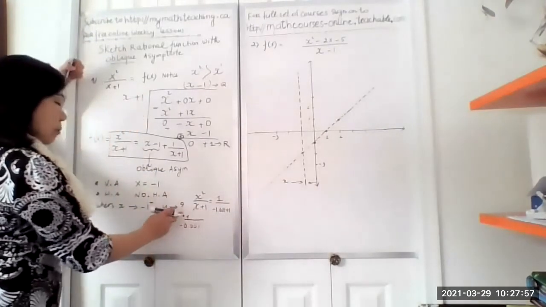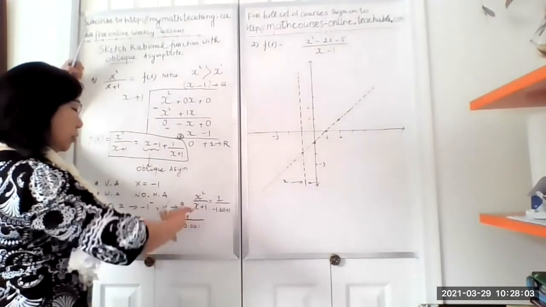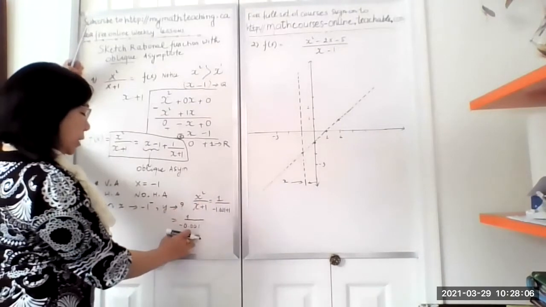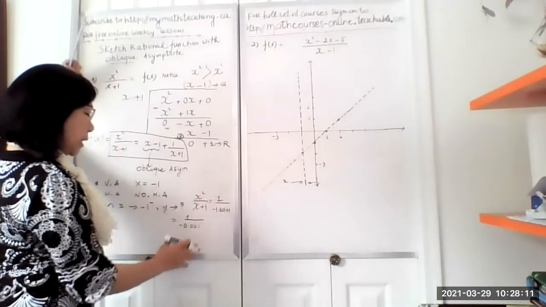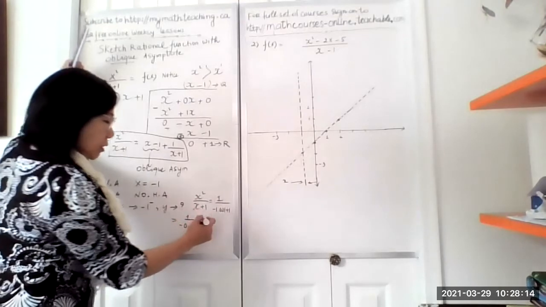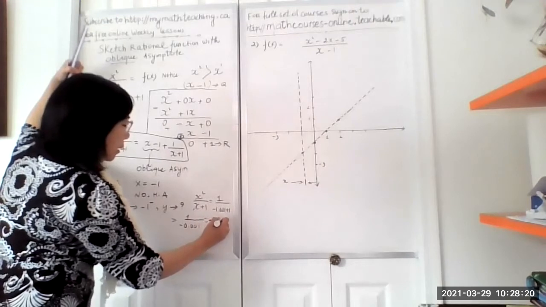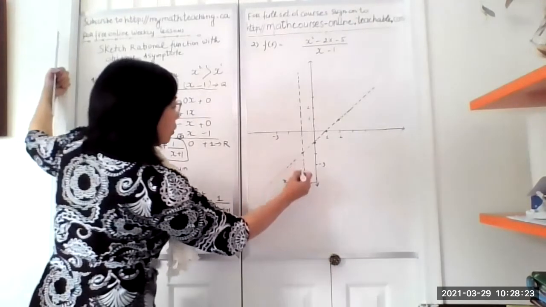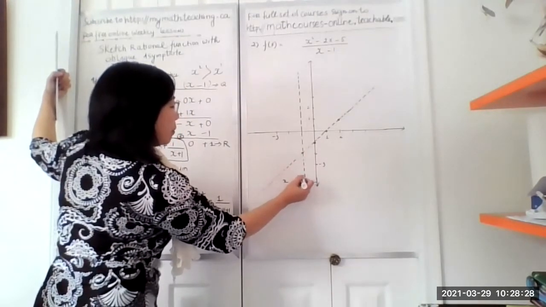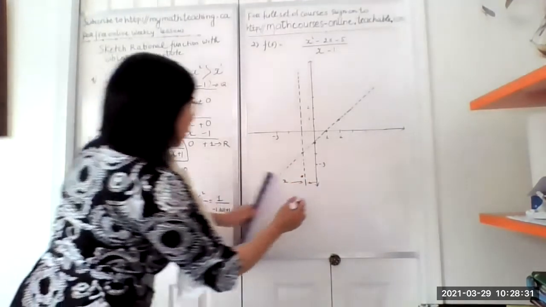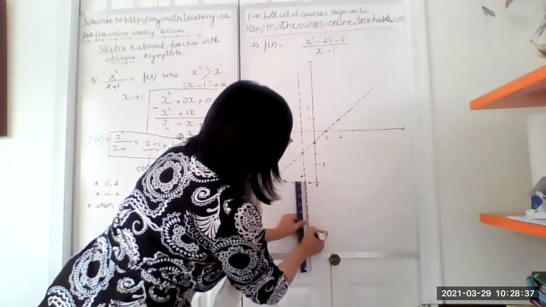When you have a small number on top divided by a very small number at the bottom, it turns out to be a big number, right? Because this is like 1 over 1,000, and when you multiply upside down, it's 1 times 1,000, and 1,000 just represents a very big number. So I'm going to put here minus infinity. So now we know if x approaches this vertical asymptote on the left, we put our pen down here, right? And maybe I should draw this a little bit bigger so we have more room.